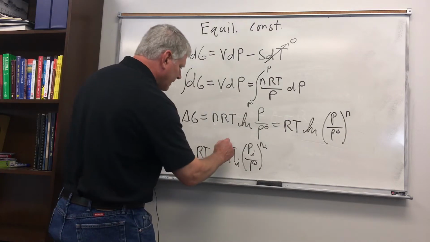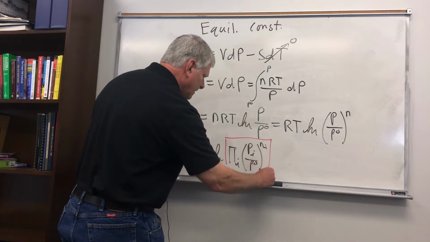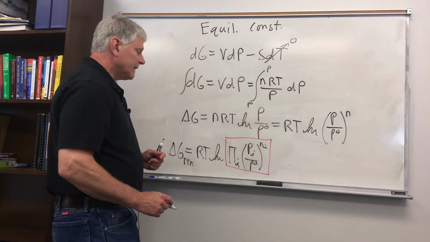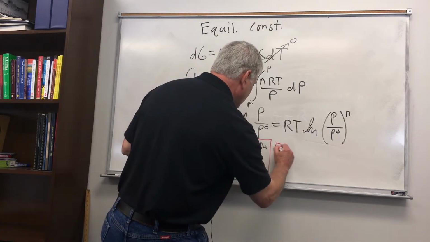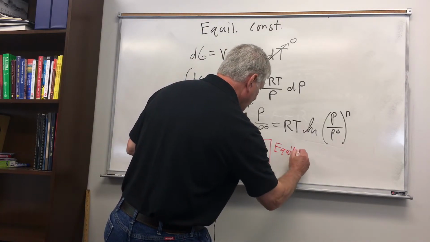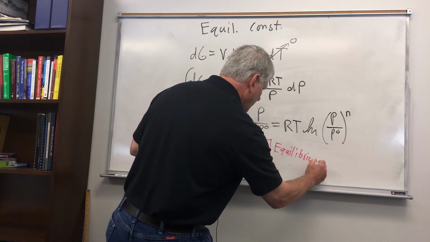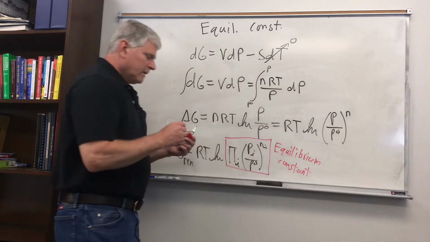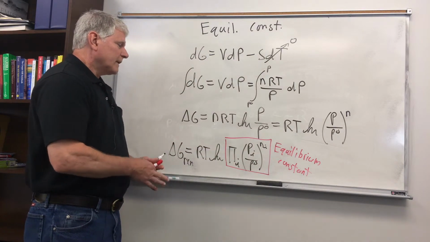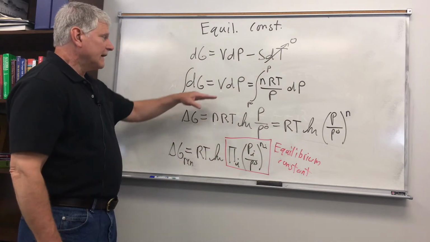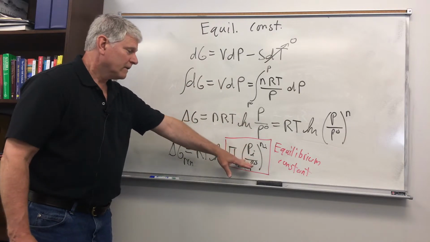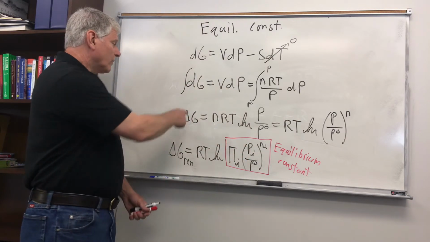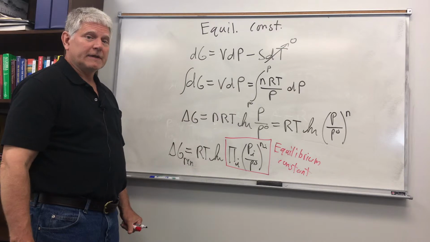And this right here is called the equilibrium constant. So I wanted you to know where it comes from. It comes from correcting a gas at different pressure for delta G, the Gibbs free energy.